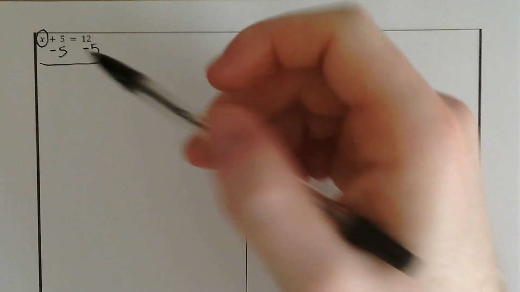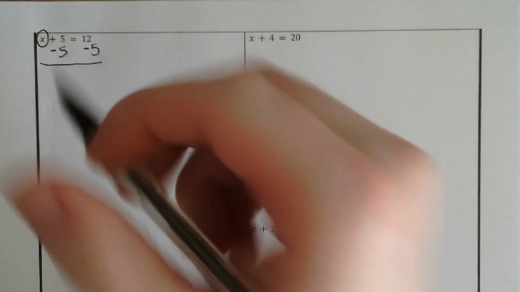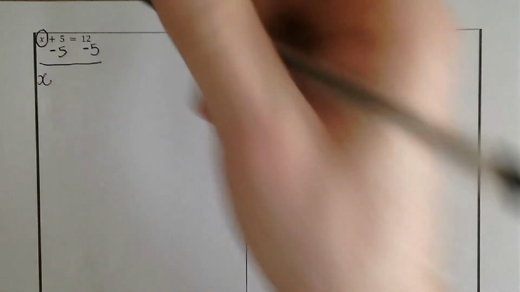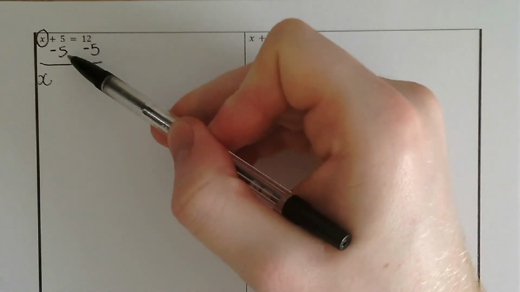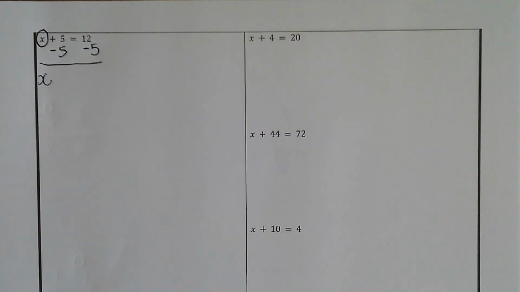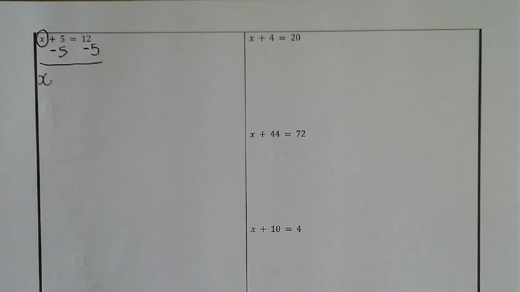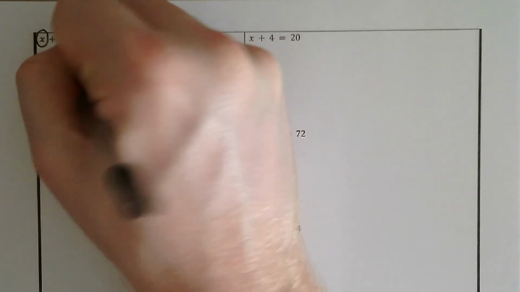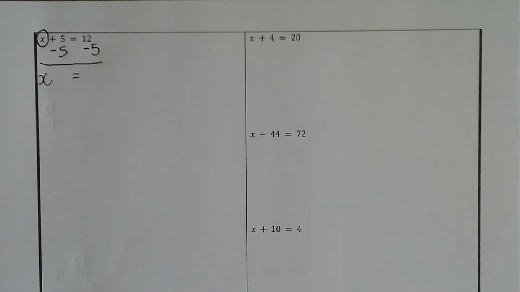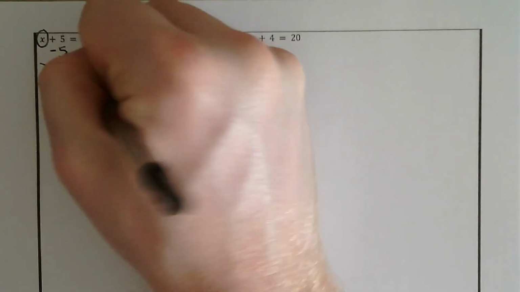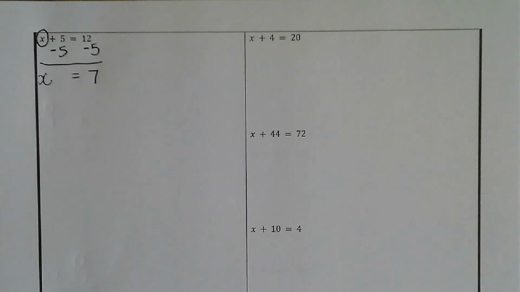The x is going to drop down as there's nothing underneath it. Plus 5 take away 5 will cancel each other out and leave us with nothing, so I won't write anything here. The equal sign will drop down, and 12 take away 5 equals 7. So the answer for this example is x equals 7.